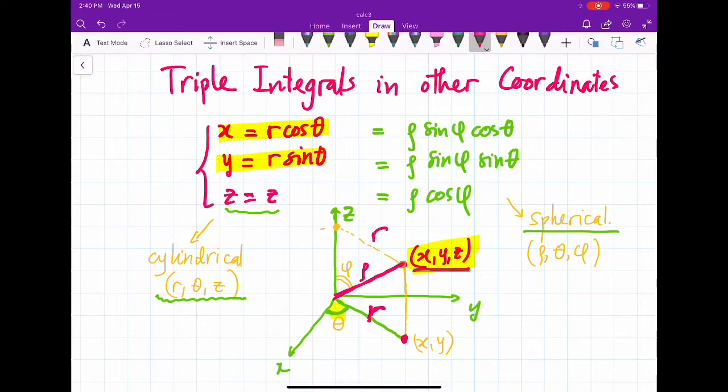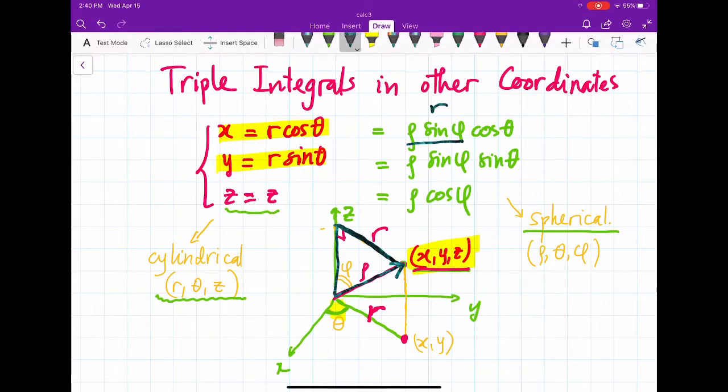Make sense? Because here you have a right triangle. Okay? So, on this triangle, you may find that actually r is equal to rho sine of phi, where phi is the angle between that vector and the z-axis.